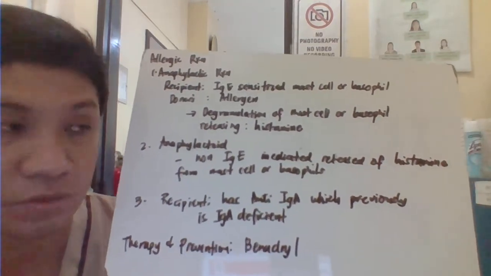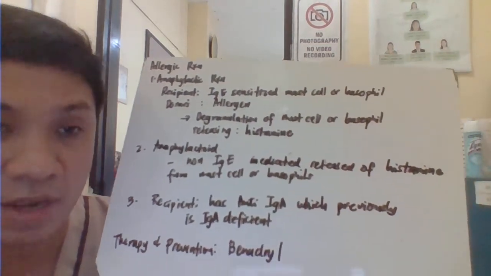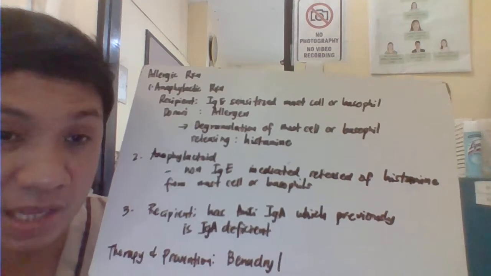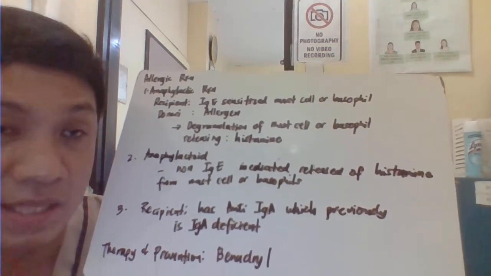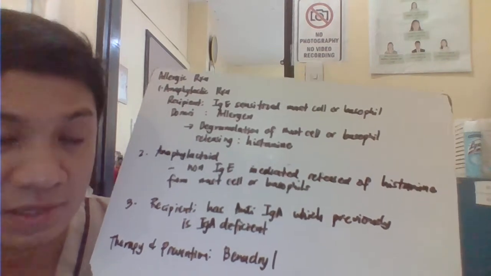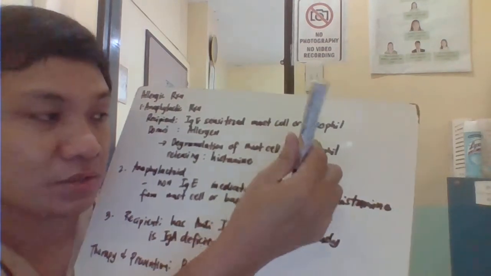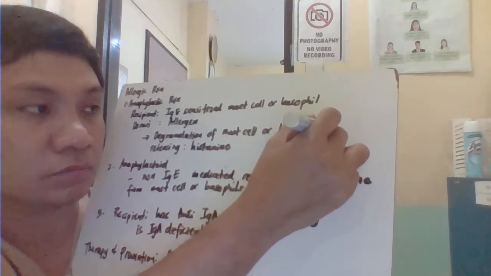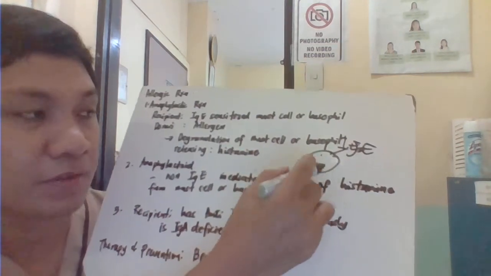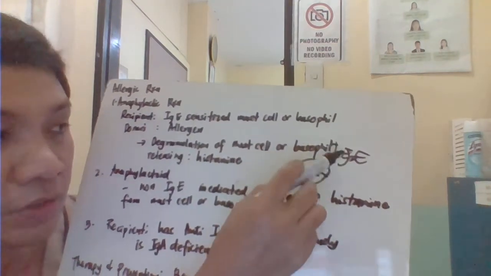Anaphylactic reaction is due to the presence of an allergen in the donor's blood that reacts with the recipient's mast cells, which have been sensitized with IgE. Okay, this one is your recipient. The mast cells of this one contain the IgE.